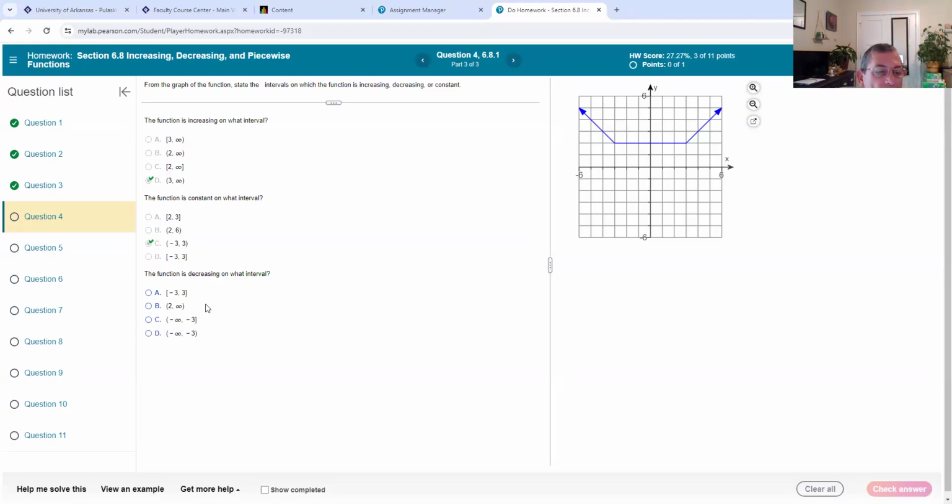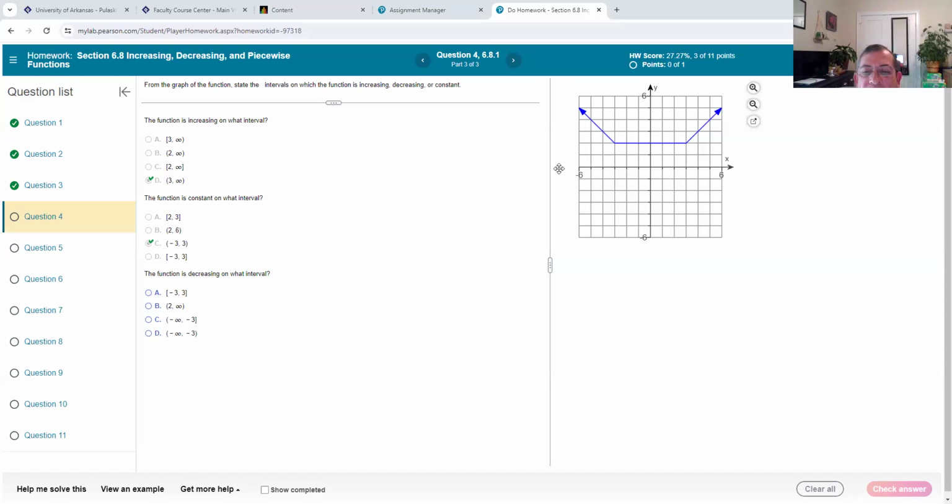So now they want decreasing. Y'all, the left side of this, although that arrow's pointing up to the left, that's not the direction the graph goes. That just lets me know that this graph goes on forever to the left side. So my x's are coming in from the left side somewhere. We say they're coming in from negative infinity.